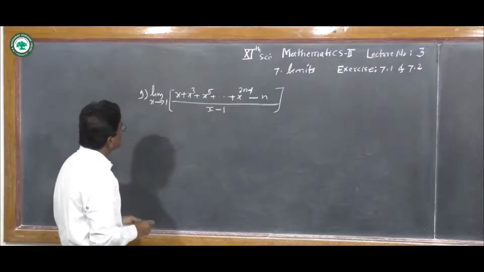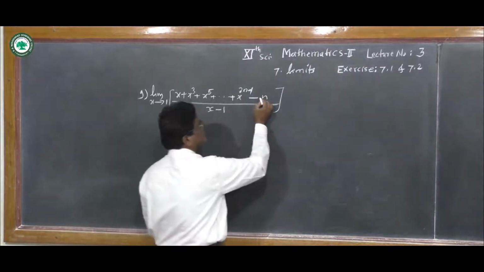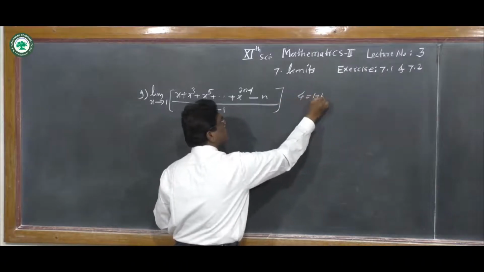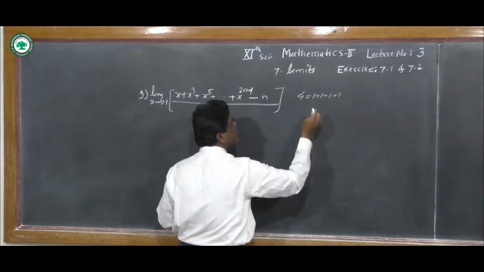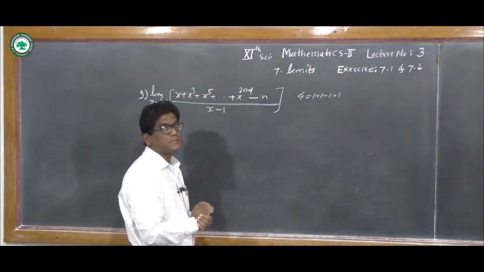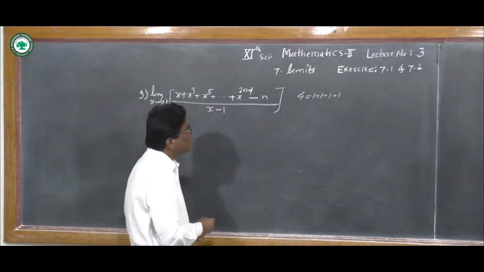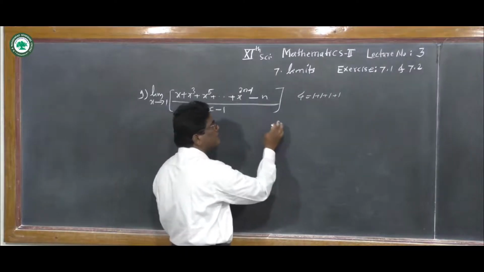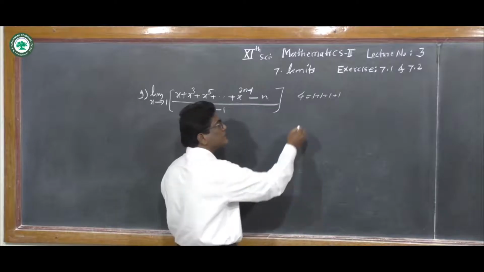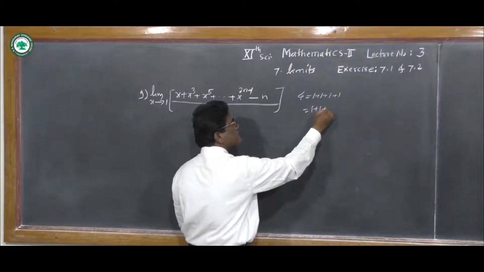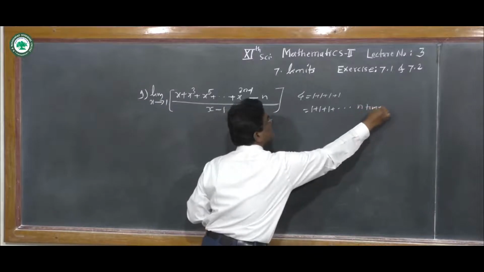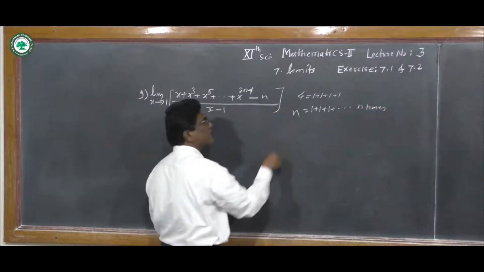Now here we write this n. Suppose here 4, then we write 4 as 1 plus 1 plus 1 plus 1. It means we take the addition of 1 four times, then it is 4. So here we write n as the addition of 1 n times, that means 1 plus 1 plus 1 plus up to dot dot n times, that is n.